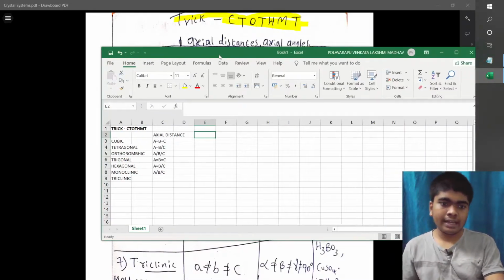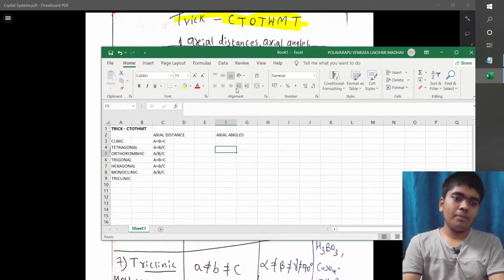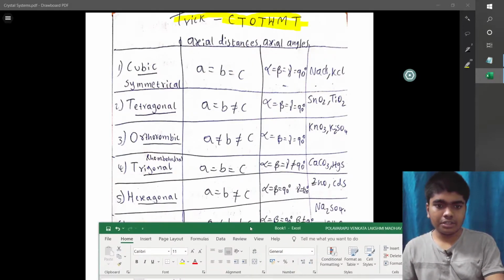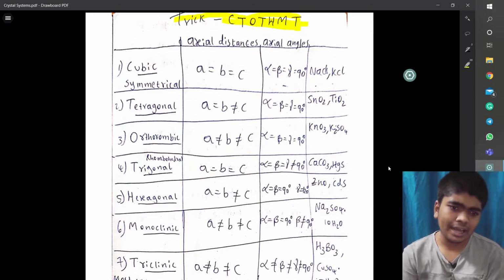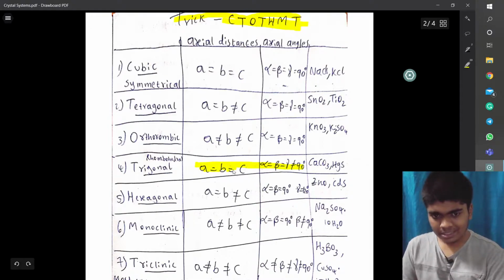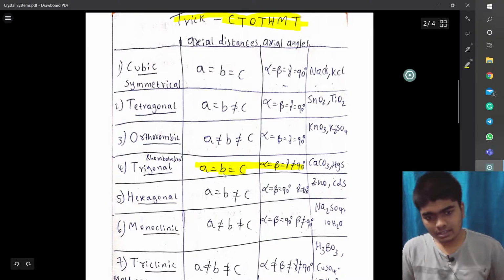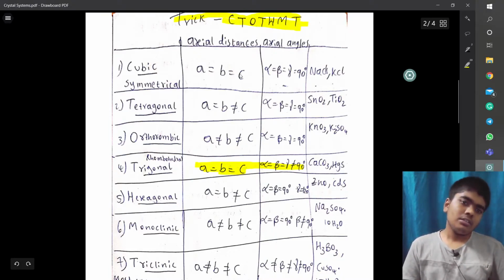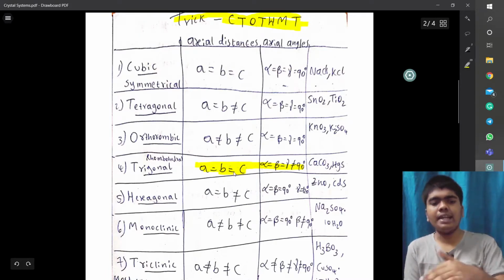Next are the axial angles. Before getting into them, you need to remember one more trick: you need to start from here. Why only from here? Here you can see A equal to B equal to C, and here also A equal to B equal to C, but the second one is at the center of the table.